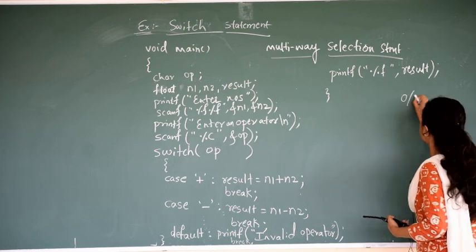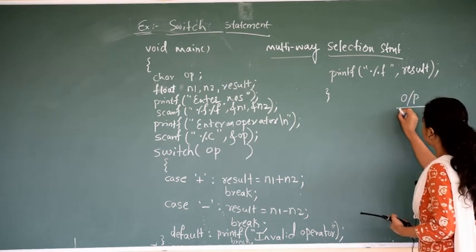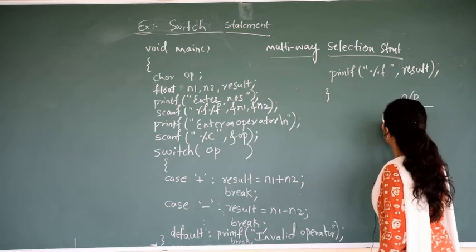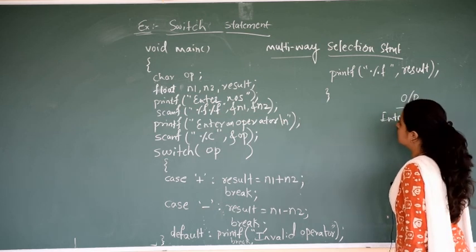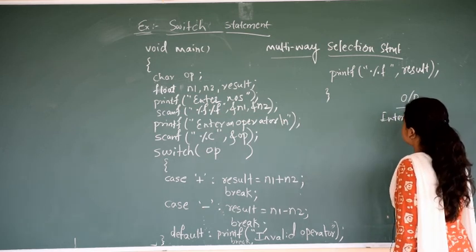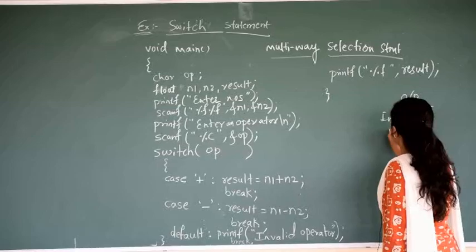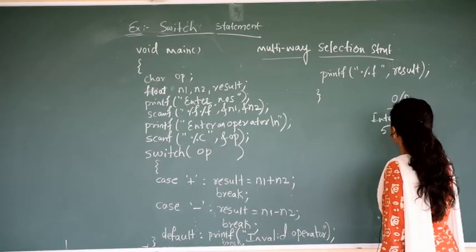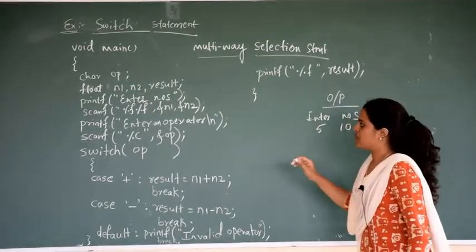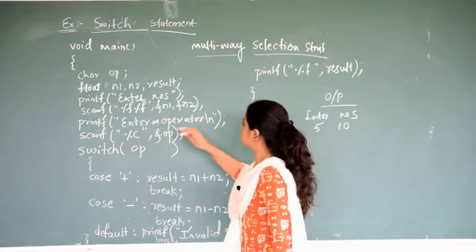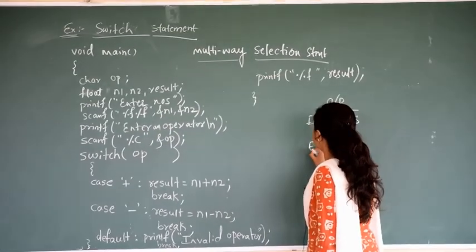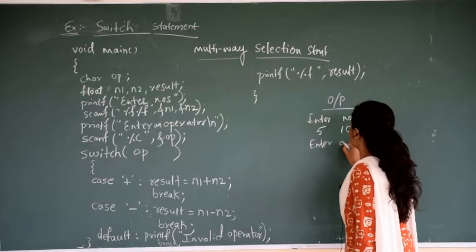So let's see one output example of how it works. First thing it asks is enter numbers. There are two numbers, say I enter 5 and 10. After reading the numbers, the next step it will ask is to enter an operator.